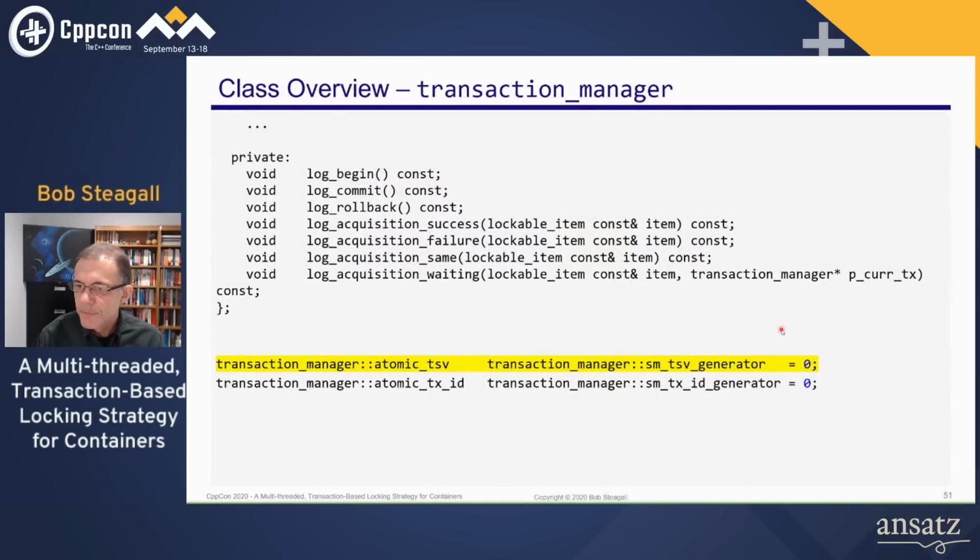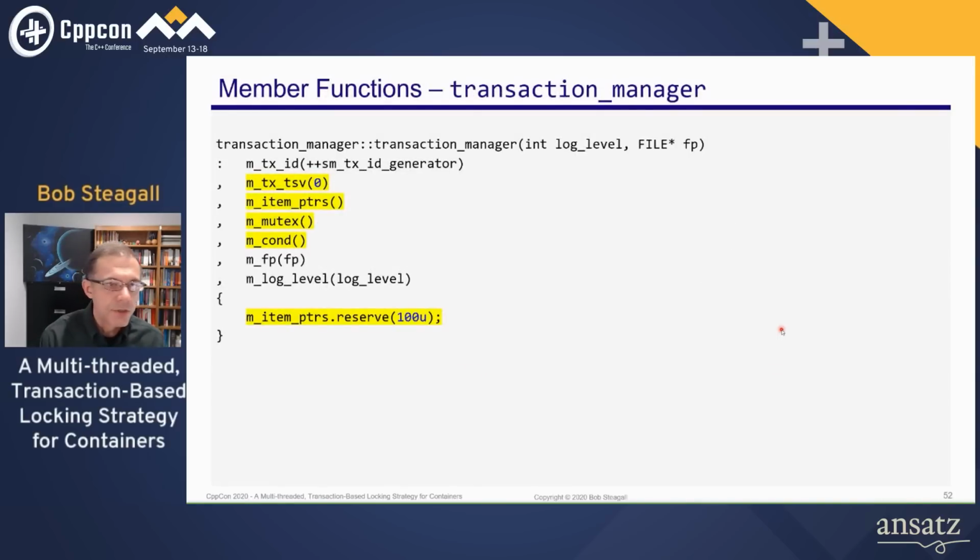So here's our implementation of the static variable, that's our timestamp value generator. Here's our constructor, and this is the important and interesting initialization. I'm initializing the atomic timestamp integer to 0. I am going to initialize my array of pointers to items, and in the body of the constructor, I'm going to reserve 100 because it just seems like a reasonable number.